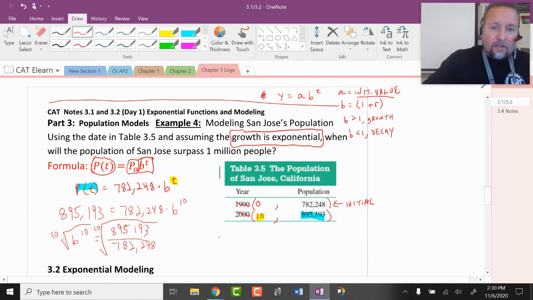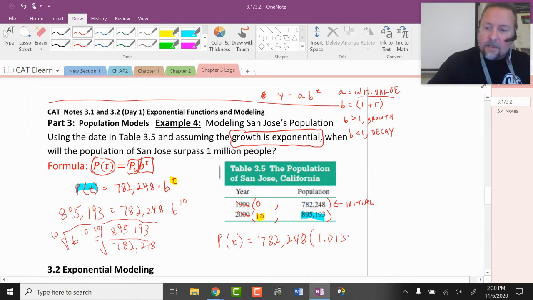So here's the model for San Jose. Population over time of San Jose equals the initial population, forced in the question because we called that year 0, times 1.0136, let's say, to the T. For populations like this, you probably want to take this out to that many digits.